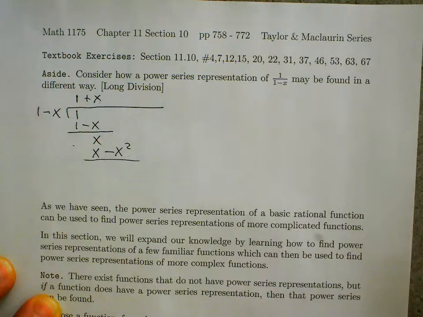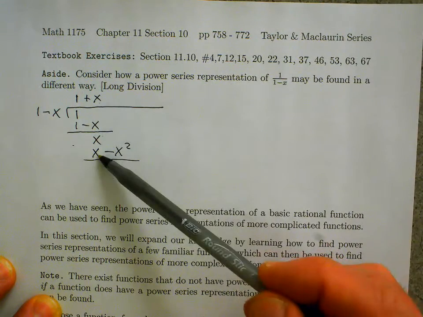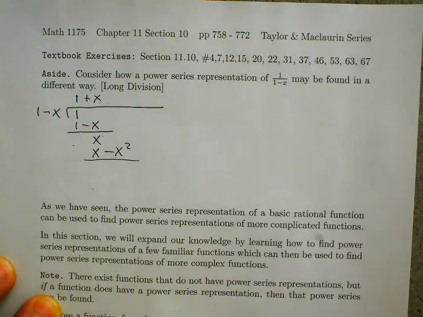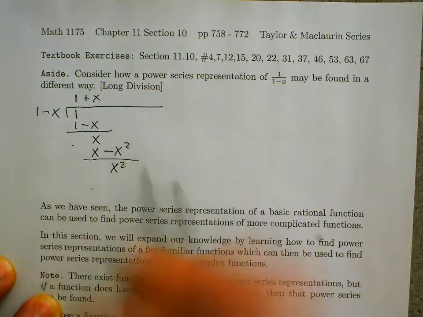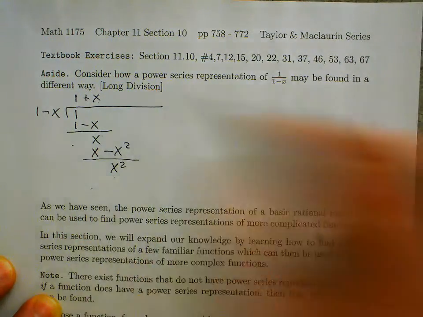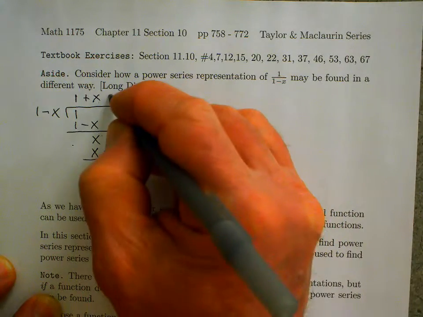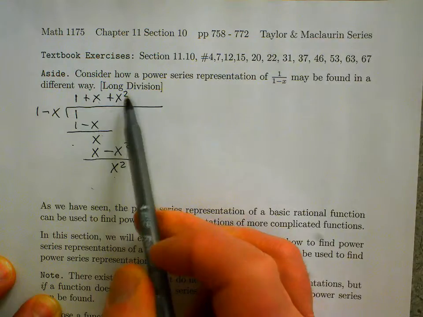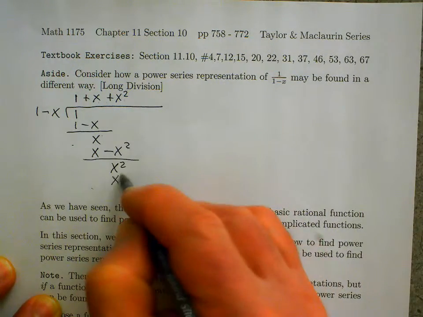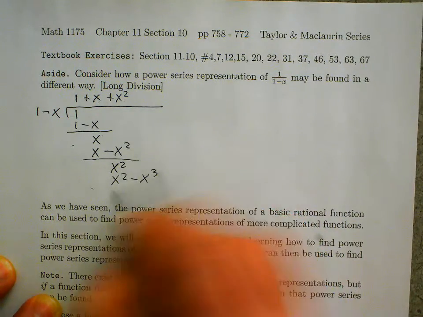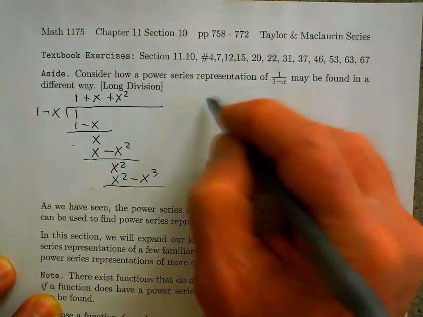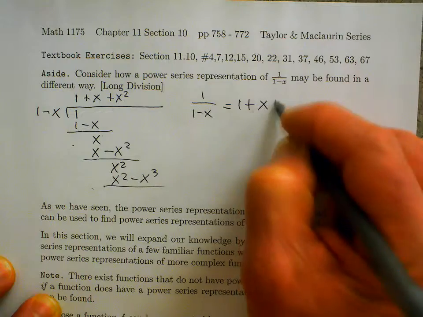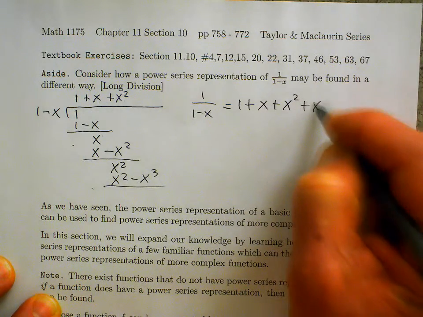And then we subtract. x minus x is 0. 0 minus negative x squared is x squared. 1 goes into x squared, positive x squared times, so we write plus x squared in the quotient. And then we continue this process forever. So we get 1 over 1 minus x equals 1 plus x plus x squared plus x to the third, and so on.